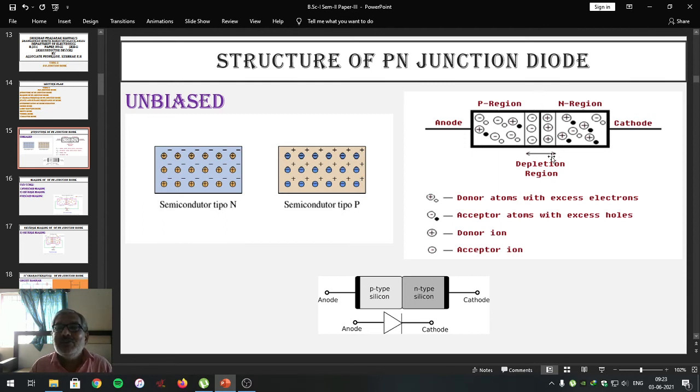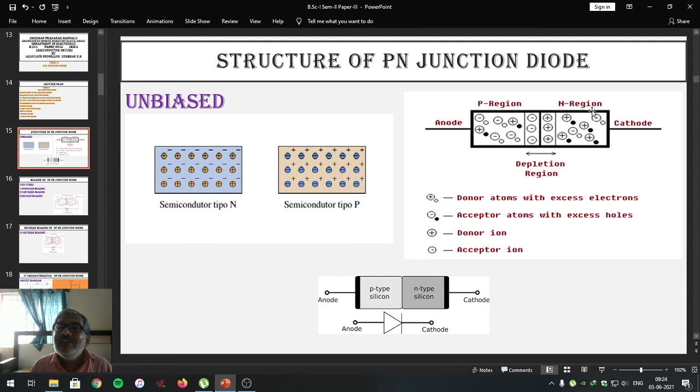Thus, dear students, P-type and N-type semiconductors are joined together, forming the junction at the center, having positive ions in the N region, negative ions in the P region, with the barrier potential and the depletion layer formed. On one side there is a P region, on the other side there is an N region.